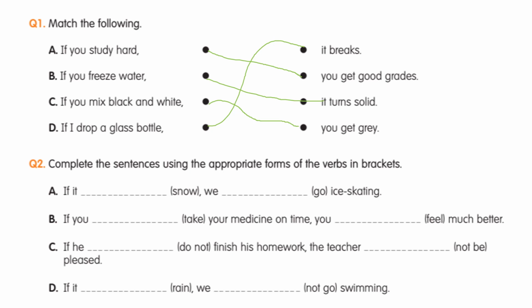Okay, now the next exercise says complete the sentences using the appropriate form of words. Here we are going to use the three rules we have done. If it dash, we dash ice skating.